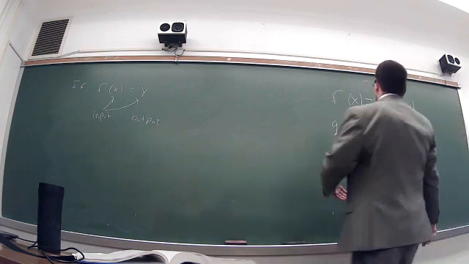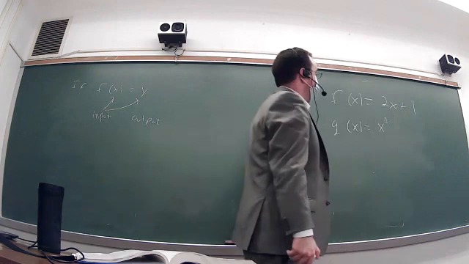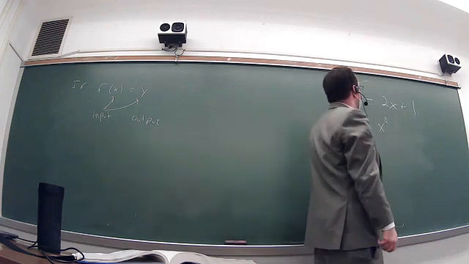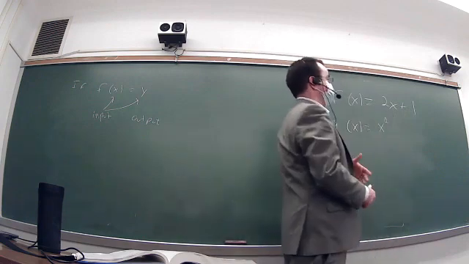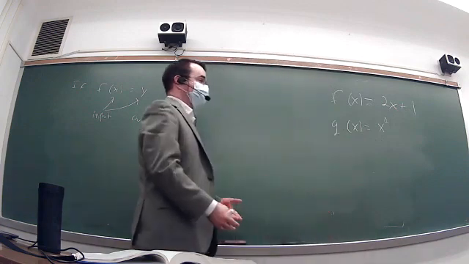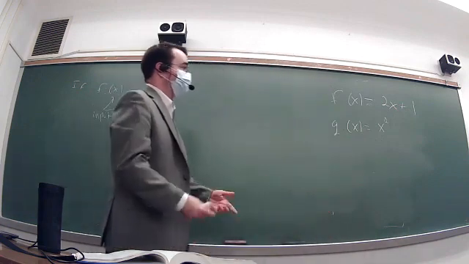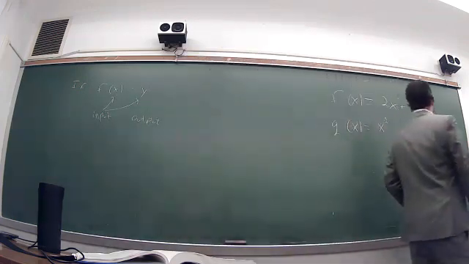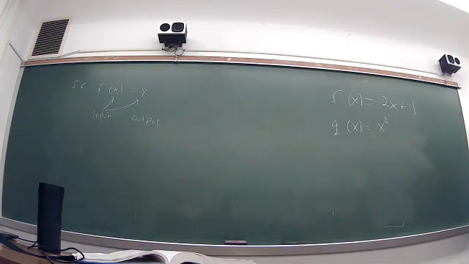And more review of terminology, these are both polynomials. A polynomial just means something that looks like a constant plus a constant times x plus a constant times x squared. So here's a function, there's another function.